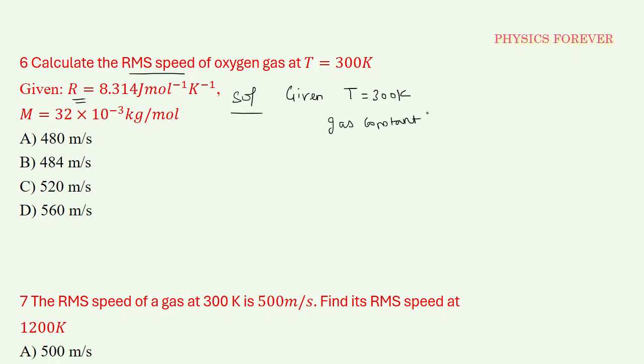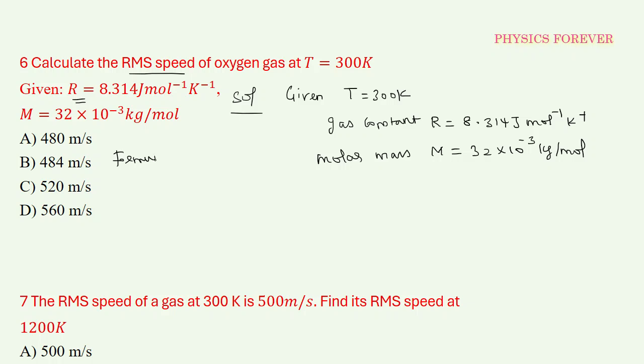Sometimes they will not give it and we have to remember it, but mostly they give it: 8.314 joule per mole per Kelvin. M is the molar mass, 32 into 10 power minus 3 kilogram per mole. What is the formula we have to use? Root mean square speed is root of 3 RT by M.